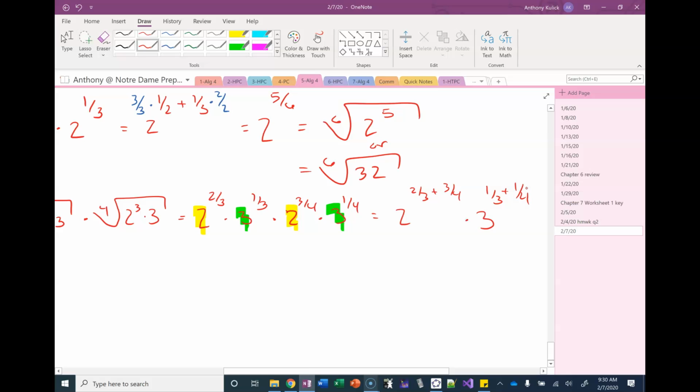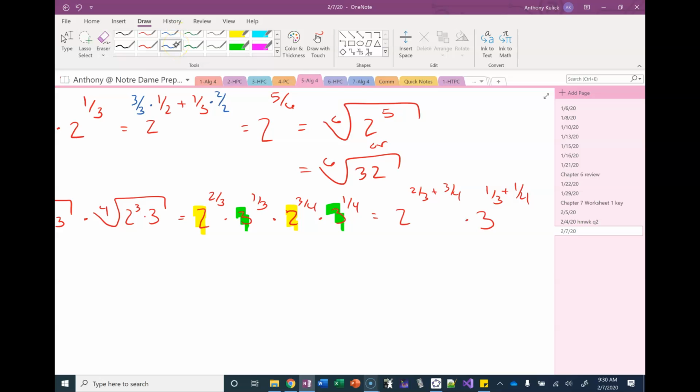Is everybody okay there? Can I multiply the 2's with the 3's, though? No! To use these properties of exponents, the base of the exponential must be the same. Okay? So let's continue on this.